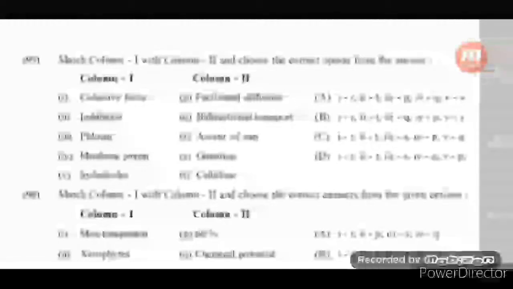Option A. Now option B, the cohesive force, it is ascent of sap, imbibition, it is also the cellulose, phloem, it is bidirectional transport, membrane protein, it is the facilitated diffusion, and the hydathodes, it is guttation. So this is the second option.